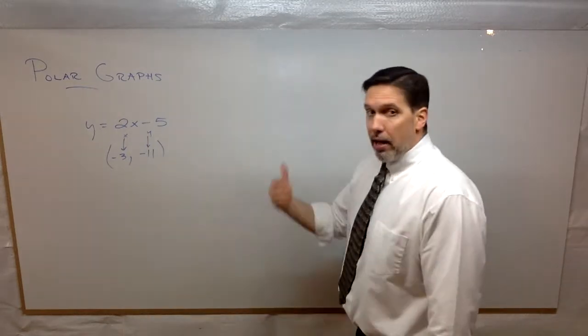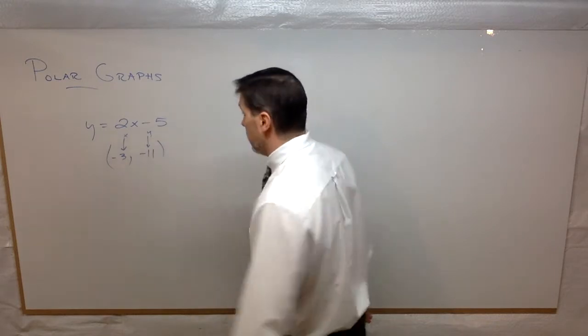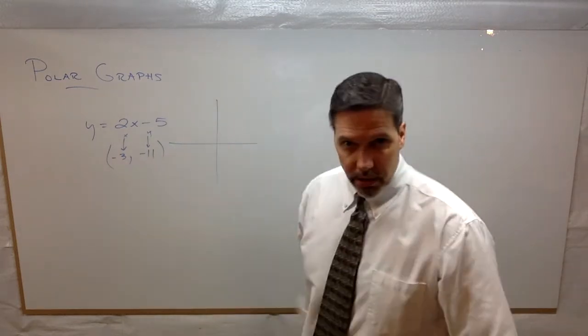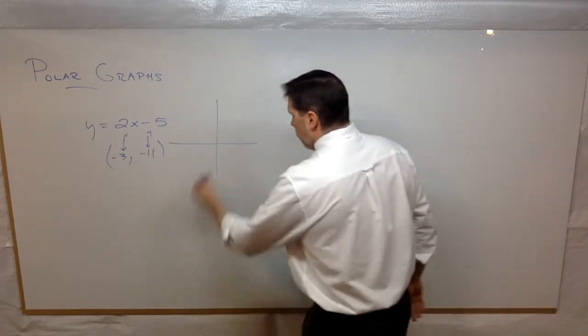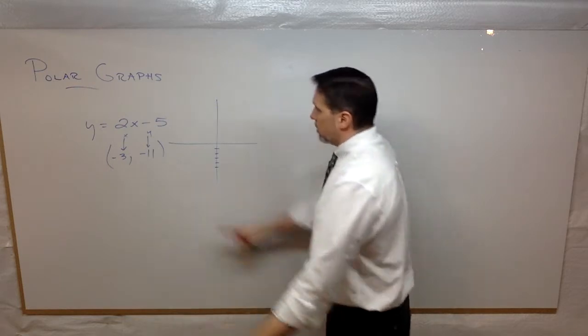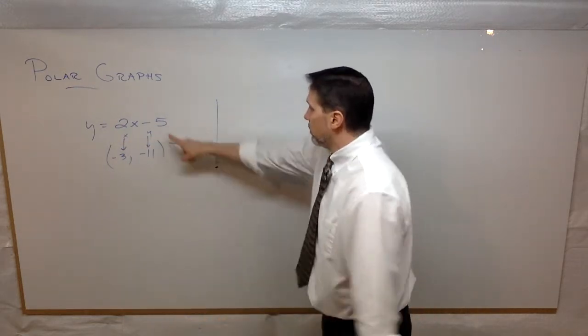Multiply it by 2, subtract 5, and we get the corresponding y coordinate. If we were to plot every single point, every single relationship here, it's not like we would get a bunch of random dots all over the Cartesian coordinate system. I'm not going to plot a bunch of points. I'm just going to use the slope and the y-intercept to demonstrate this. So here's the y-intercept at -5.